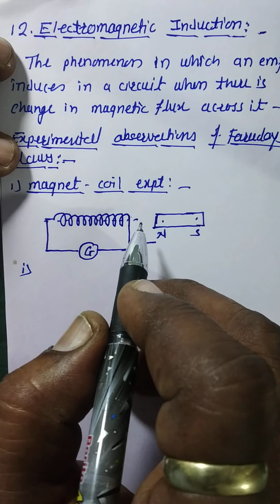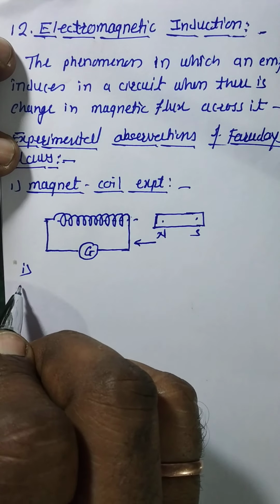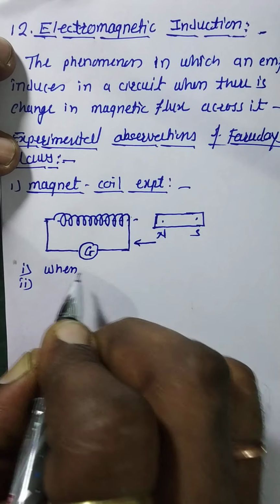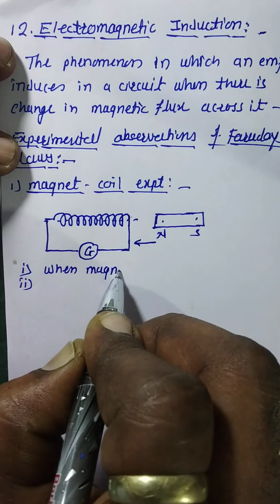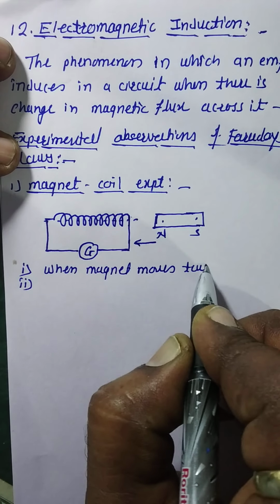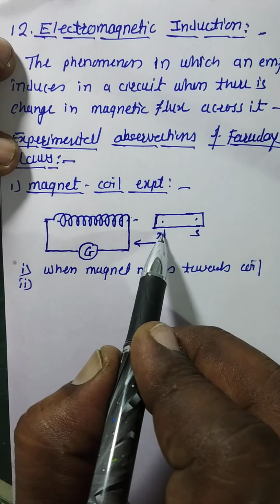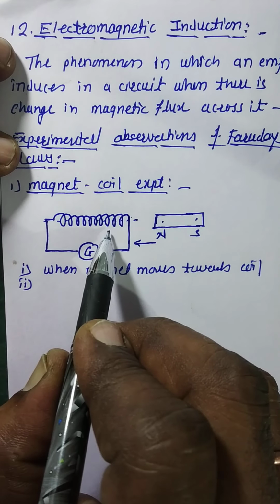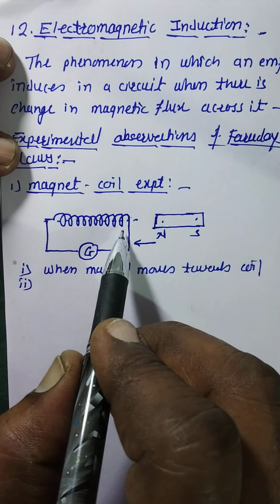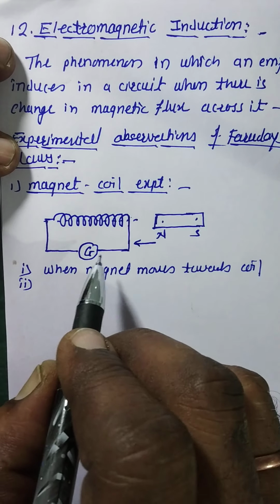Second, इथं काय पाहिलं आपण, when magnet moves towards coil, then current flows through circuit and galvanometer shows zero deflection when magnet is at rest.